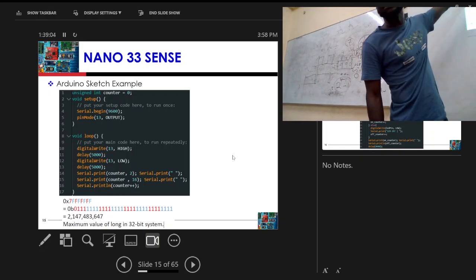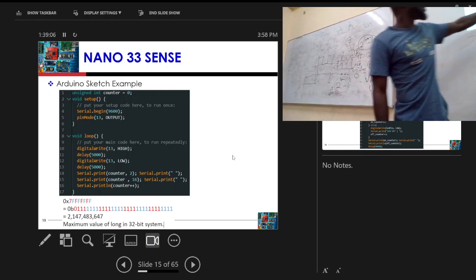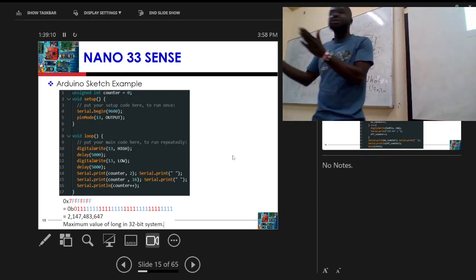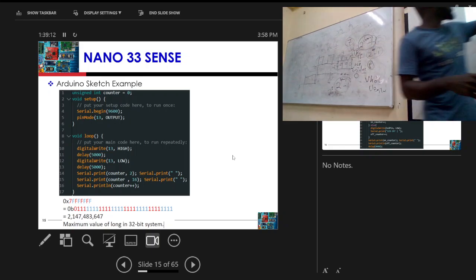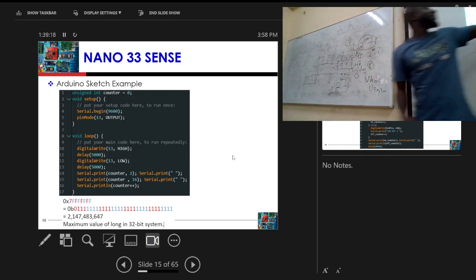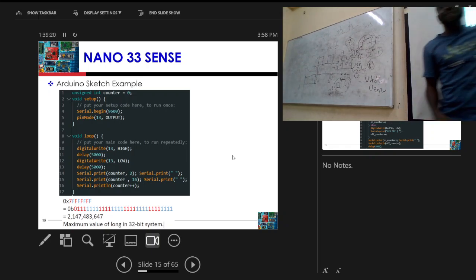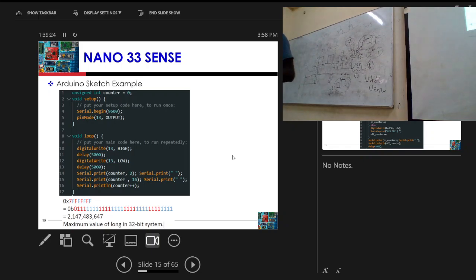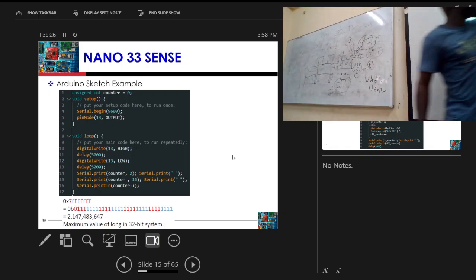The counter on top there starts from zero. The 2 means binary, one or zero. I'm printing the binary of the number. Then I do another Serial.print. What does this mean? What am I printing here?